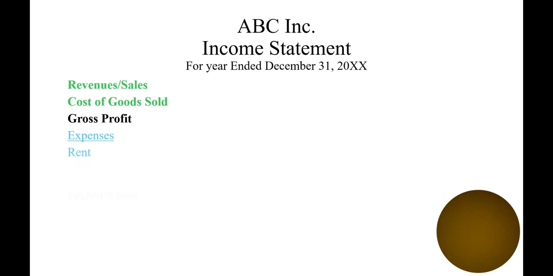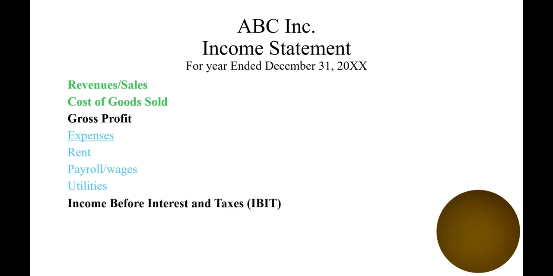Then under that, we have a list of expenses, such as rent, payroll, utilities, and so on. Subtracting the expenses from the gross profit, we come up with the EBIT, that is, earnings before interest and taxes. Then after we subtract those, we come up with the net income. When the net income is positive, we call it net income, and when it is negative, we call it net loss.